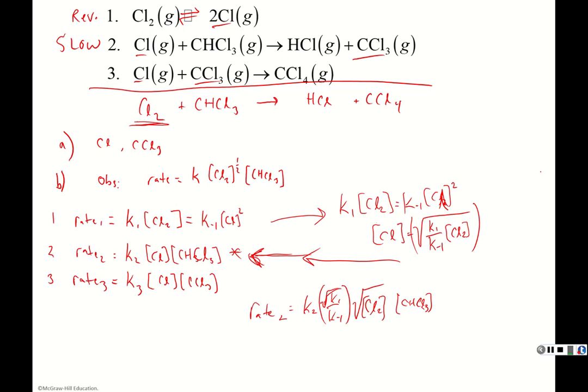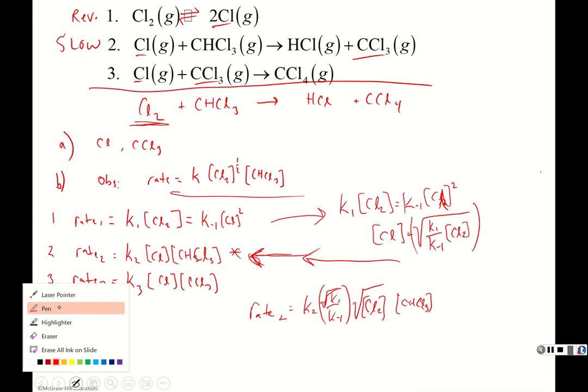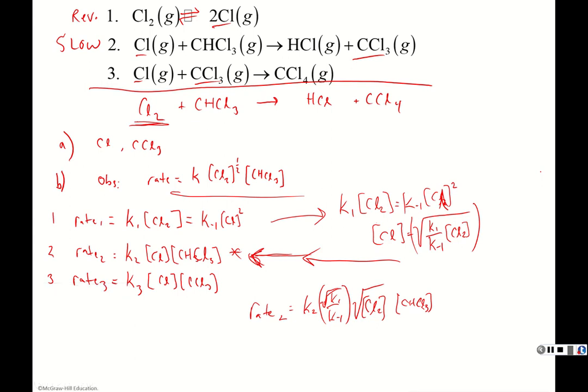So does this work? Is this overall rate consistent with the observed rate? Well, let's look. This k2 times the square root of k1 over k minus 1, we can consider that as k.